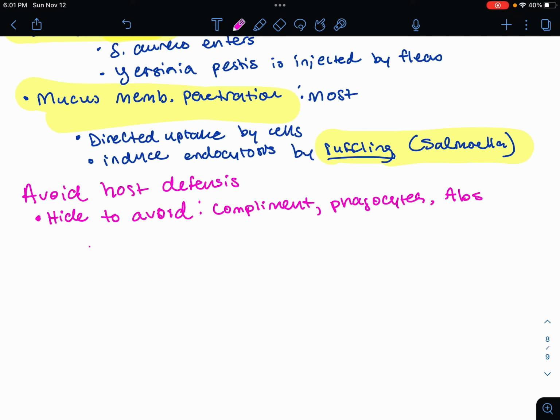Shigella and Listeria monocytogenes are going to directly transfer from intestinal epithelial cell to adjacent cells by causing host actin polymerization.